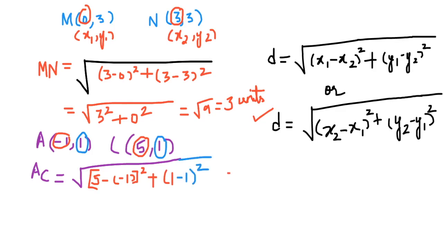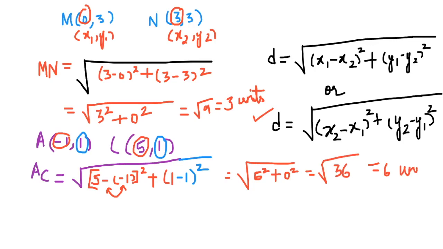Solve it further. You will get 5 plus 1 whole square, which is 6 square. This negative here will become positive, plus 0 square. So this will be square root of 36 and this will be 6 units. So now let's observe the lengths of AC and MN that we got just now.